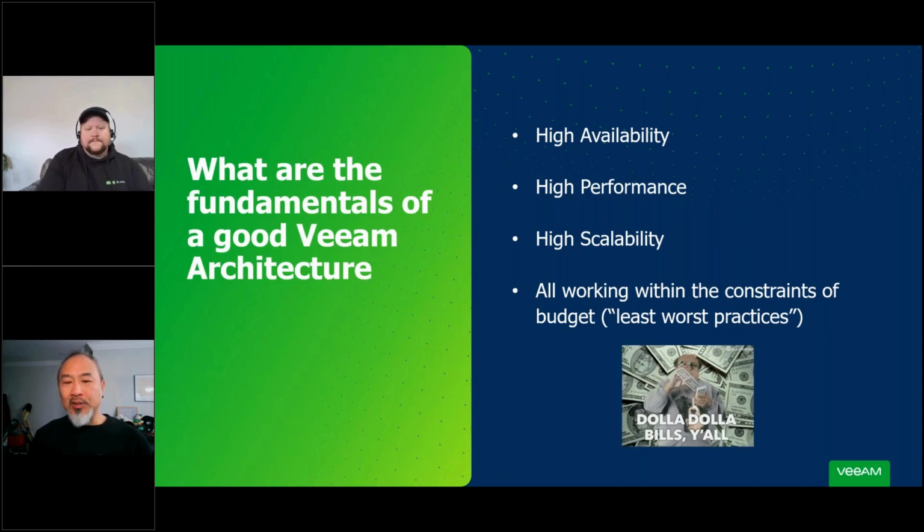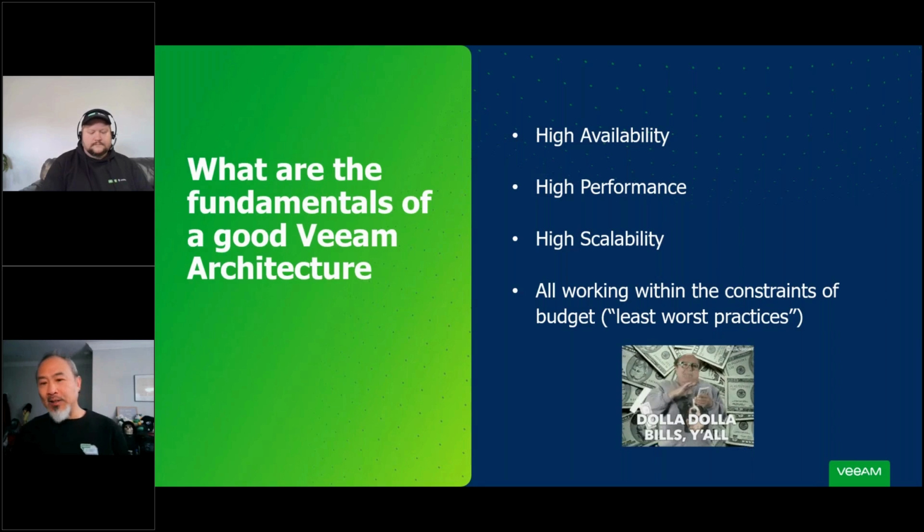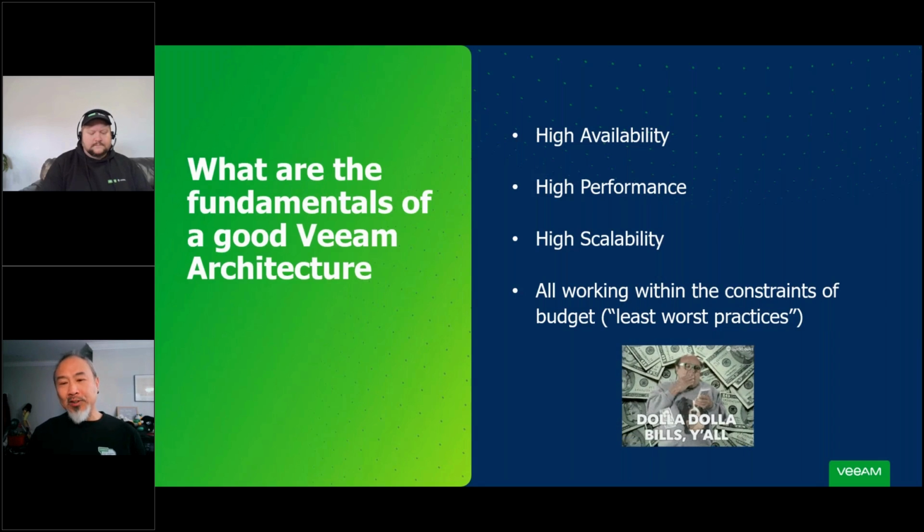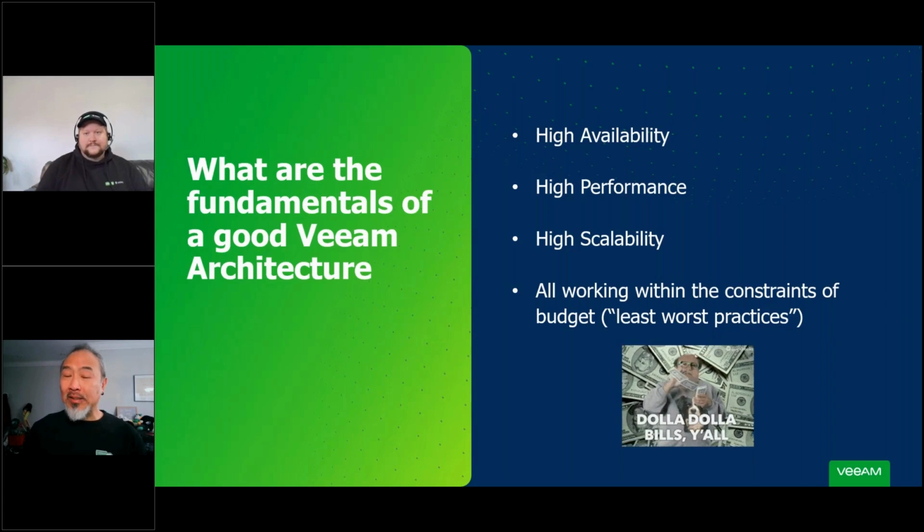Secondly, we need to design for high performance. This is understanding where your possible bottlenecks are, understanding the limitations of your design, whether in disk performance, for example, or network speed, and designing the best performance you can get for the requirements you've been given. The third part is designing for high scalability.